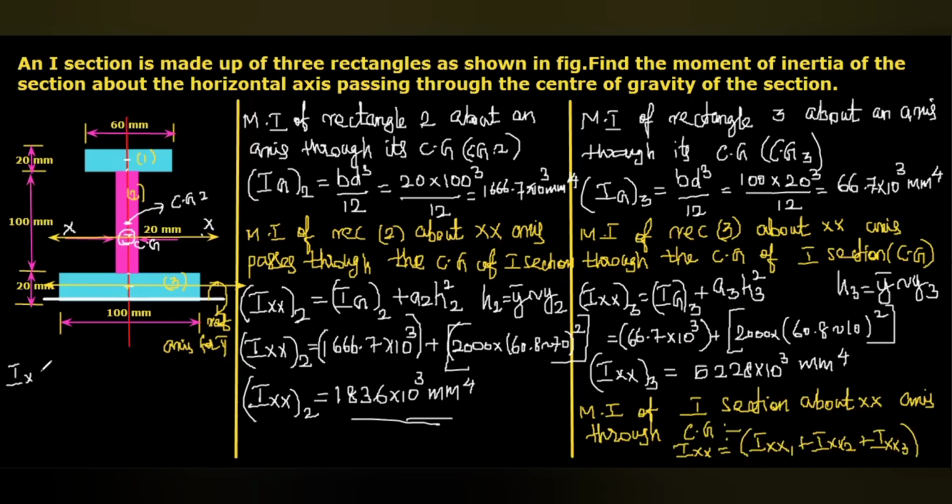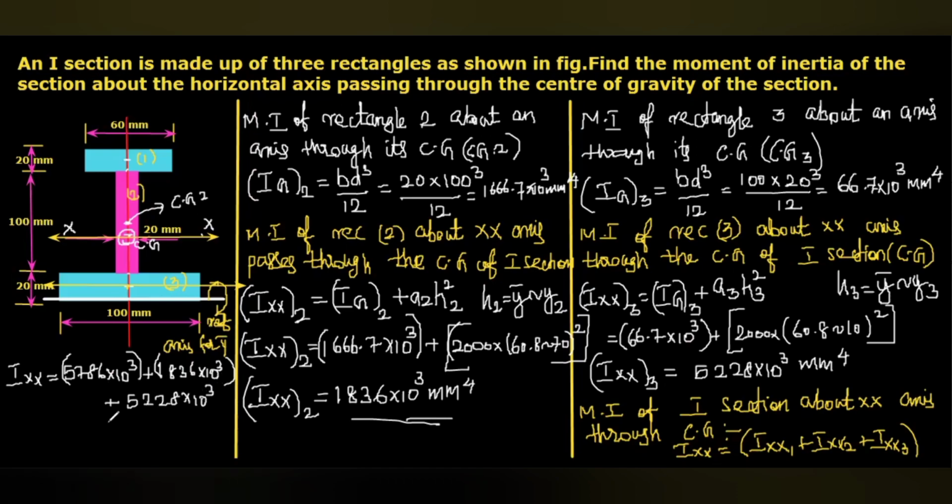So when you substitute all the values, Ixx equals Ixx1, which we calculated, that is 5786 into 10 power 3 mm power 4, plus Ixx2, 1836 into 10 power 3, plus Ixx3, that is 5228 into 10 power 3.